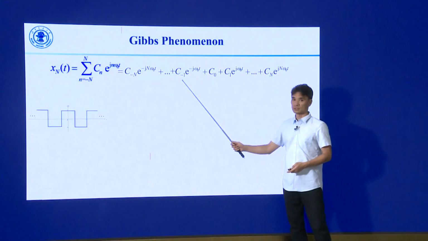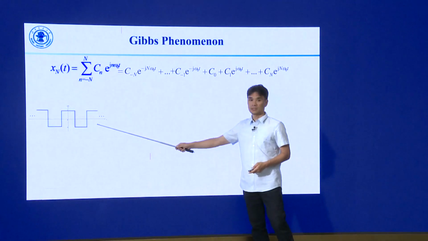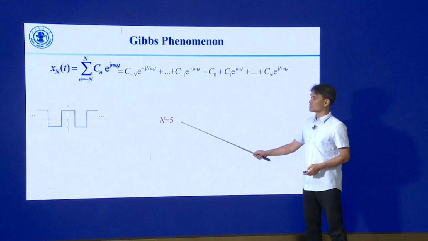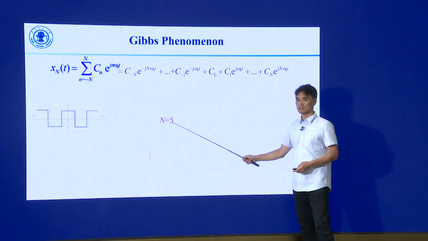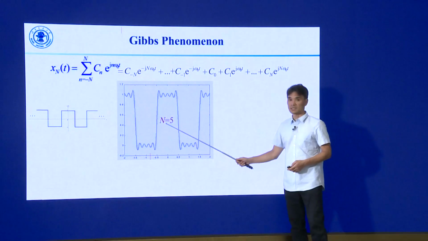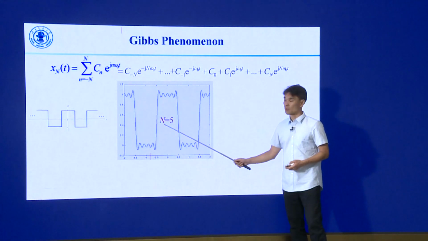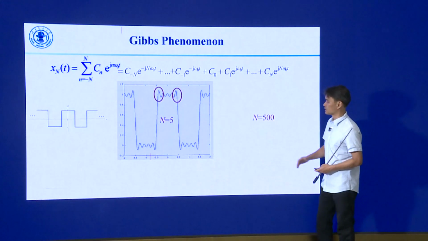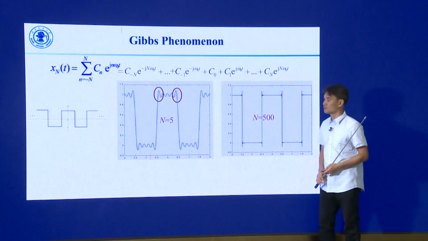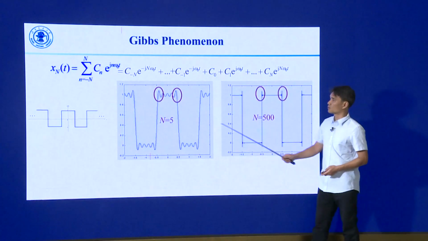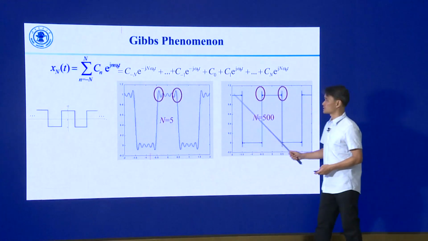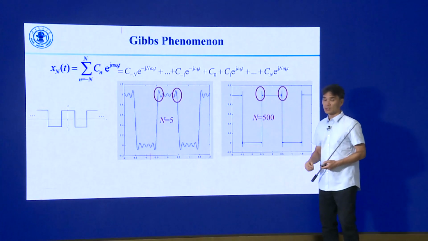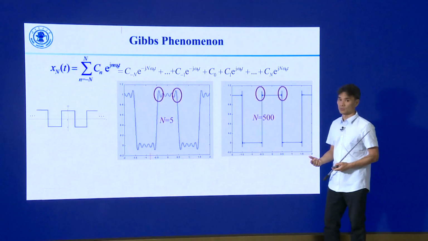Using this equation, we again take the periodic rectangle signal as one example. When the number of harmonics is equal to 5, this will be the synthesized signal. What if we increase the number of harmonics? For example, if we increase the harmonics up to 500, you're going to see that although the wiggling in here is getting smaller, the amplitude of the overshoot is of the same magnitude.